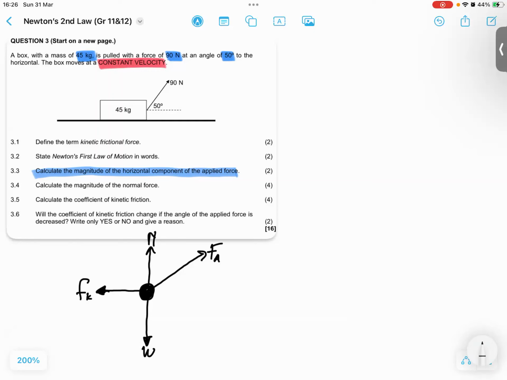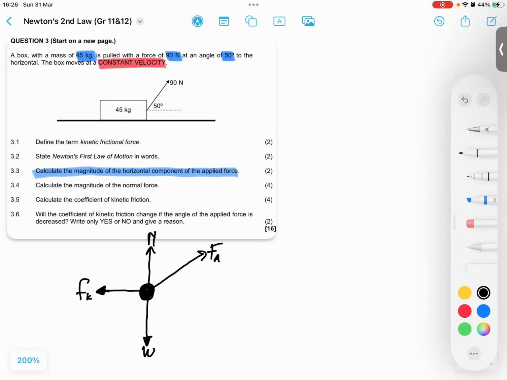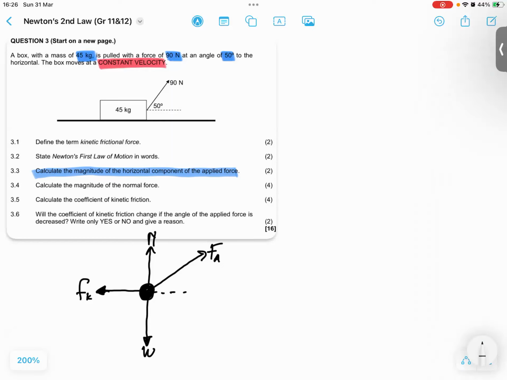Now we can see that the applied force acts at a certain angle from the horizontal, which is 50 degrees. With this angle, we are able to find the components of the applied force.